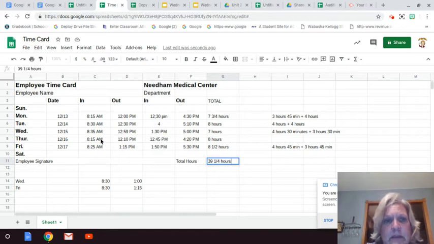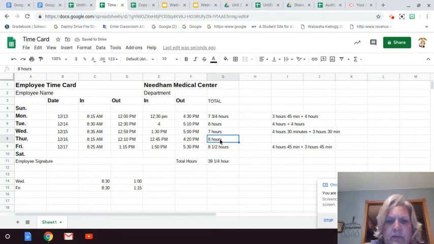So 8:15 to 12:15, that's 4. 12:45, 1:45, 2:45, 3:45, that's 3 hours and another half hour. So 7.5 hours here, not 8. Make this a 7.5.